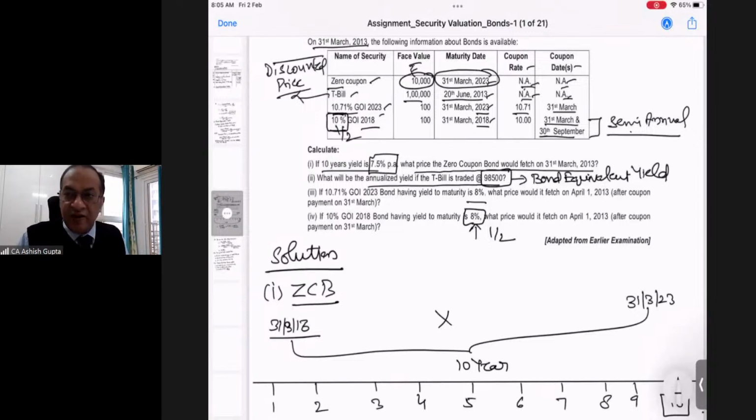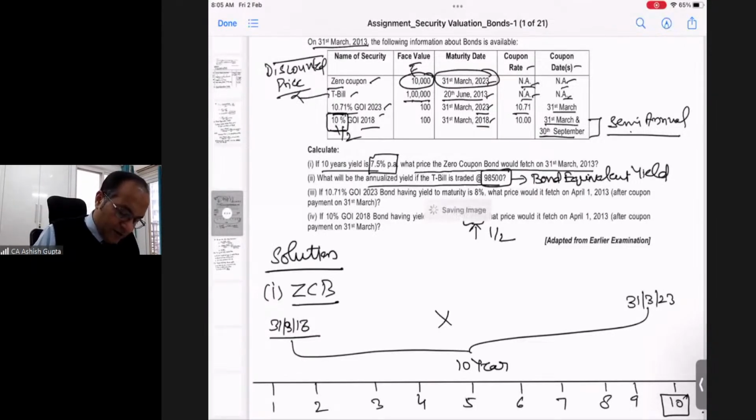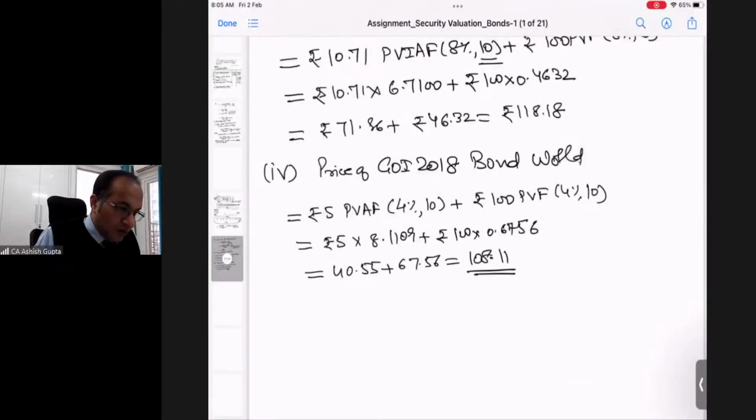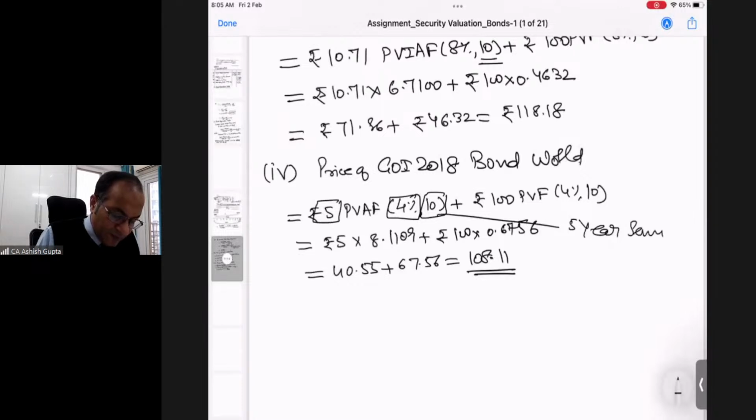It has been mentioned that it will be trading at 98, so you are paying a price of 98,500 for a 1 lakh T-bill. It is given in the question. Accordingly, this will be the value. Please student, remember one thing, it is a very important point: you will take everything half. That's why the duration, though it was 5 years, is taken semi-annually.